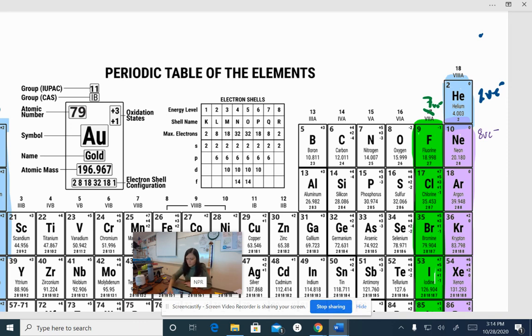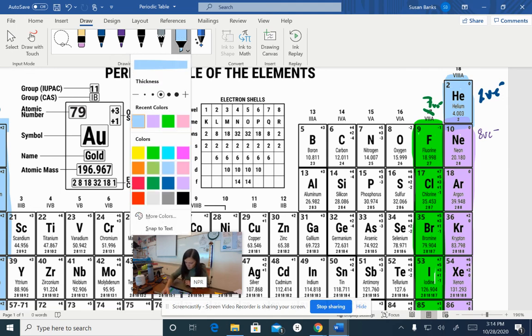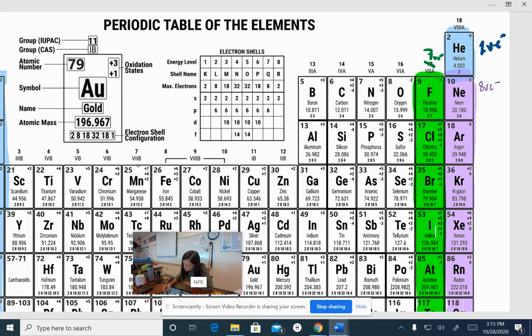I want to put in a few more just so that you understand the valence electrons. We can label a few more here as well. So let's get yet another color. Let's use orange here. So this group right next to the halogens, oxygen on down, we can go down to selenium here.